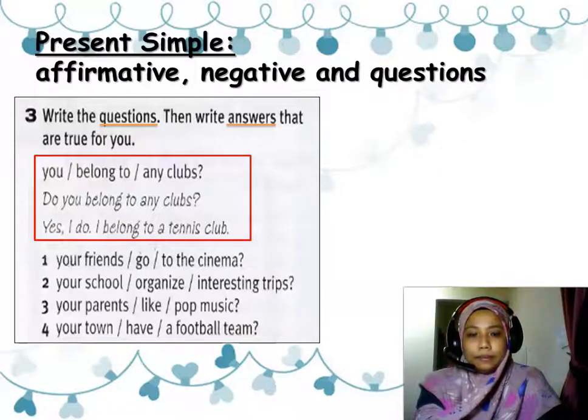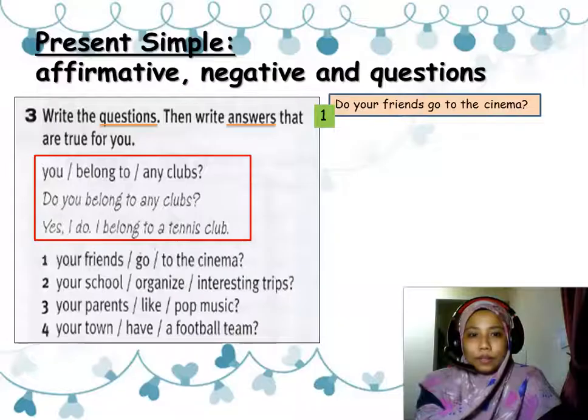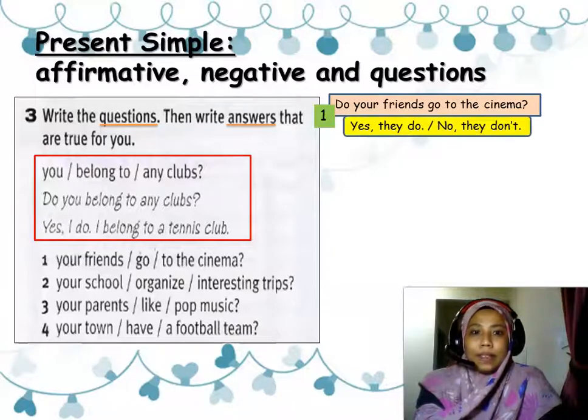Number 1. Do your friends go to the cinema? Yes or no? It depends on your opinion. You may answer yes, they do, or no, they don't. Next, question 2.